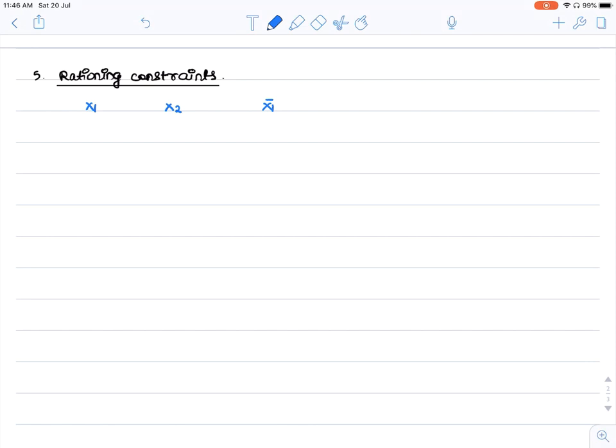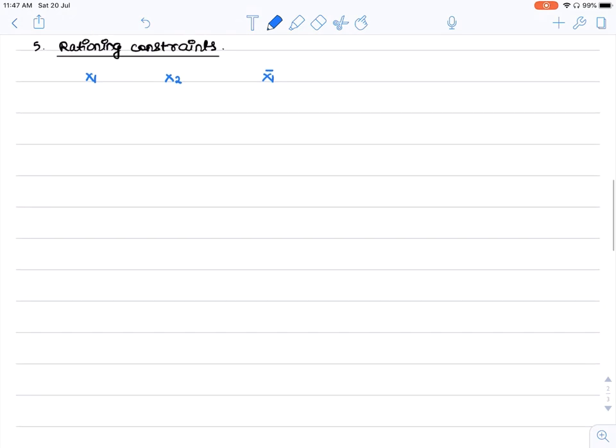So if there are two goods and the government puts a rationing constraint on good one, that no more than x1 bar can be consumed by any consumer, then this section of the budget set beyond the rationed quantity will be completely lobbed off, right?